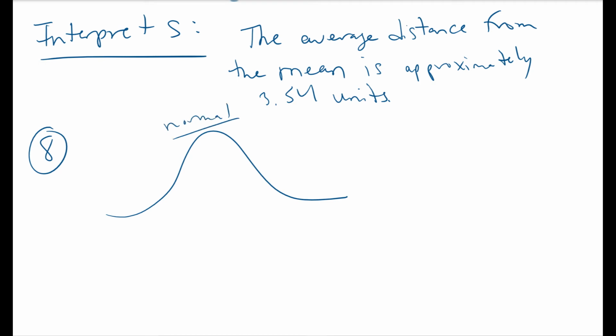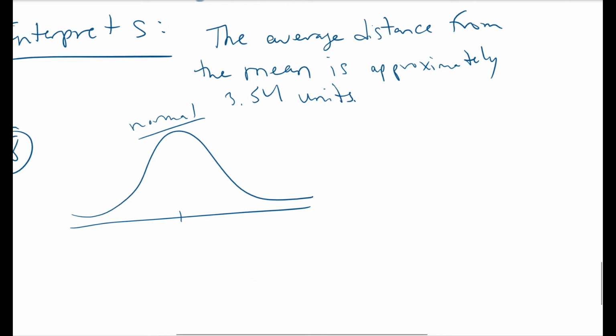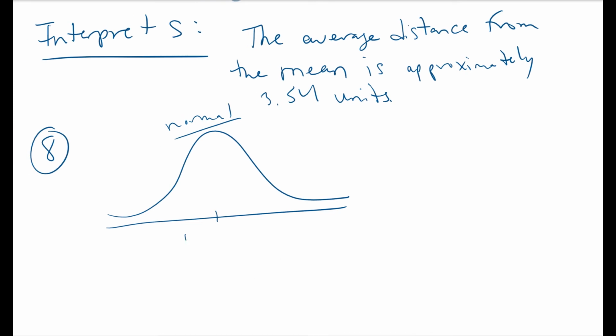If it's normal, normal is symmetric anyways. So if it's normal, then you're going to be using the mean as the measure of center, okay? If it's skewed, you're going to be using the median. Okay, so for a normal distribution, the mean is equal to the median, and they're both in the middle, okay?